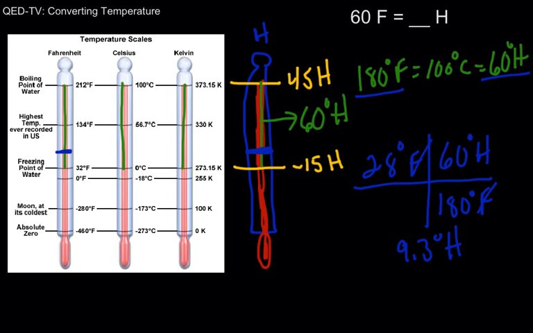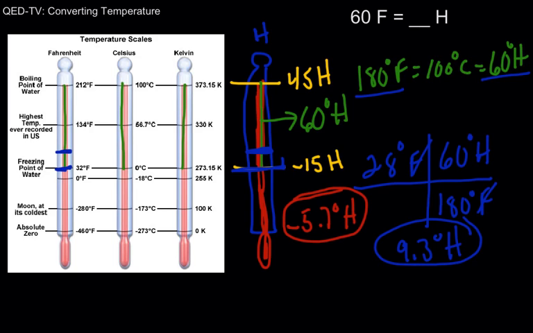I measured that, that's 28 degrees Fahrenheit above freezing, which means on the Herman scale, I must be 9.3 degrees above freezing. But what is freezing on the Herman scale? It was negative 15. So I need to go 9.3 degrees above negative 15. And what does that take me to? That takes me to negative 5.7 degrees Herman.